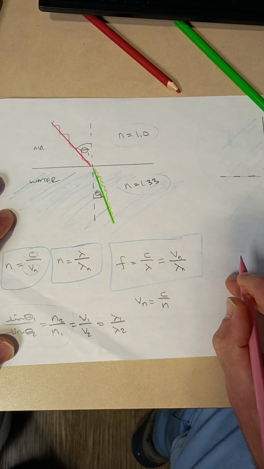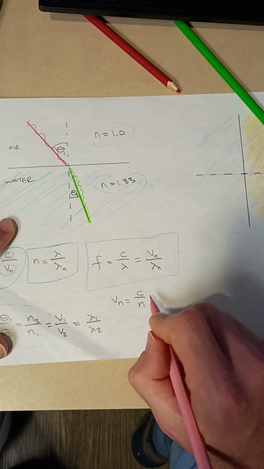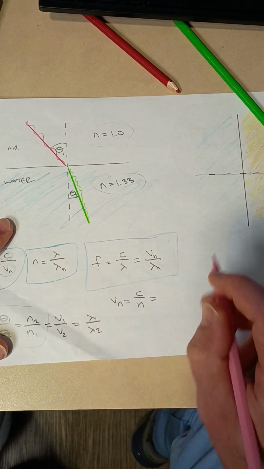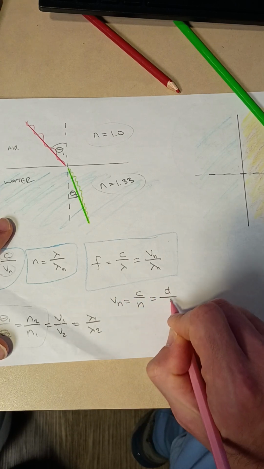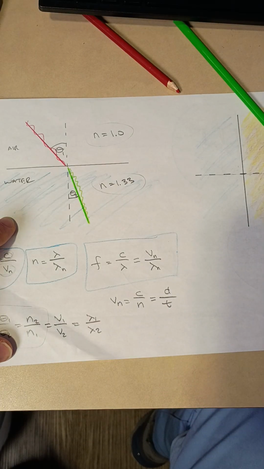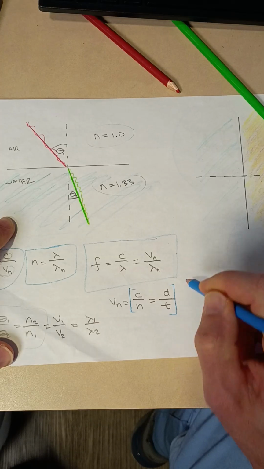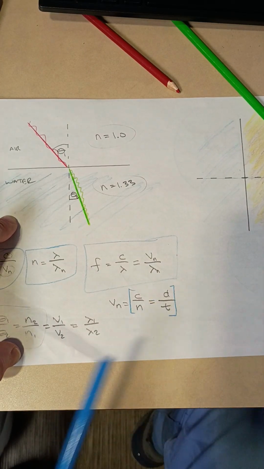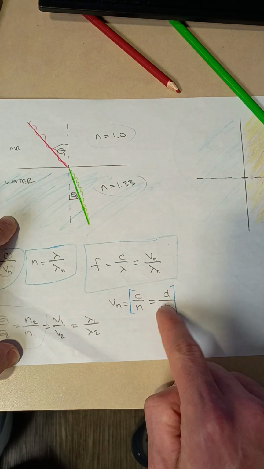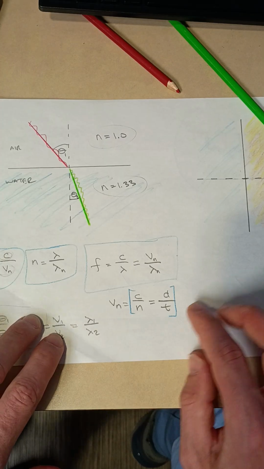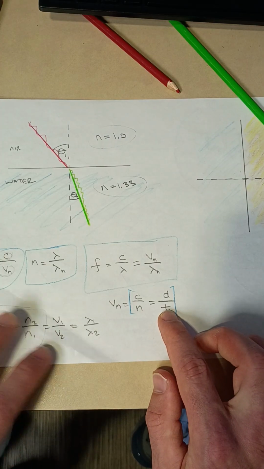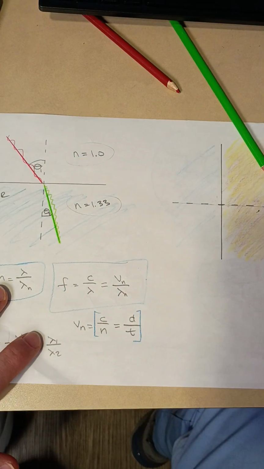C over n. Okay? Now, what is velocity equal to? It's also equal to distance over time. So then you can also set these two equations equal to each other, right, to solve for time. So there's a problem where that is involved.